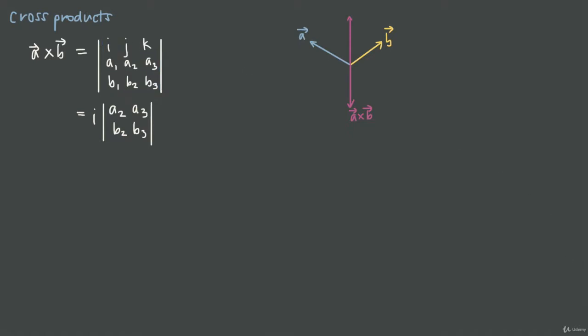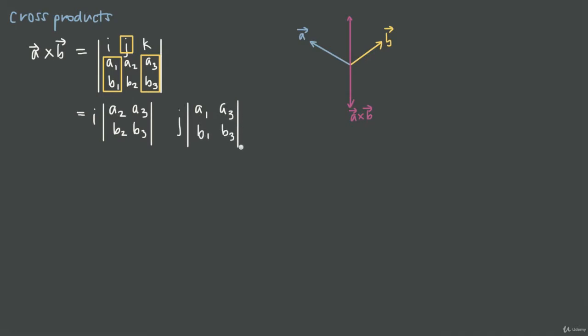Then we move to the next value in the first row, which is j. Again, we ignore the row that j is in and the column that j is in, and we look at everything else, which would be these values here. With j, we put together a 2x2 determinant: j multiplied by the determinant A1, A3, B1, B3.